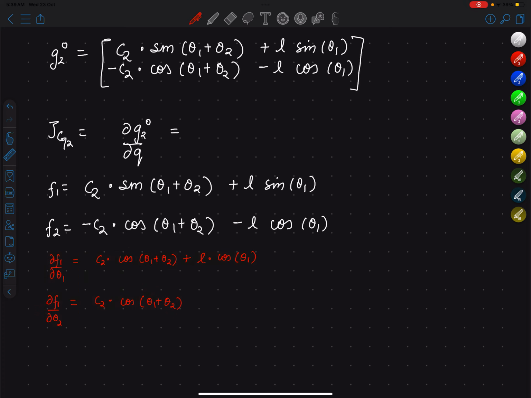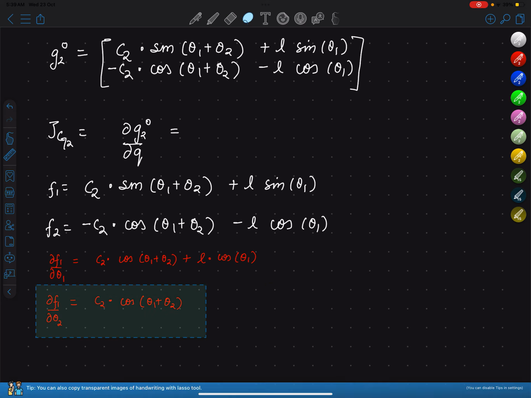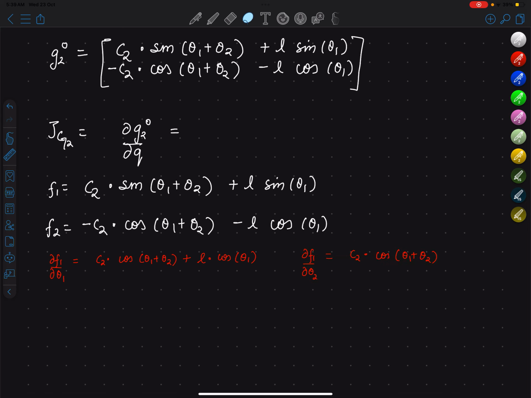Now let's calculate the second. So what is del F2 by del, okay, I should write it in a way that doesn't cause confusion. So this is del F1. Let me write the second row with different colors. So del F2 by del theta 1, what is that? Differentiation of cos is sine, and there is a minus sign, and there is a minus sign there, so it will become C2 dot sine theta 1 plus theta 2.